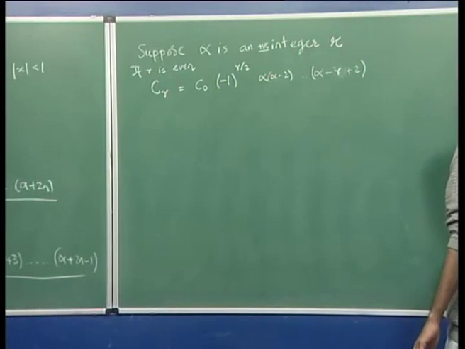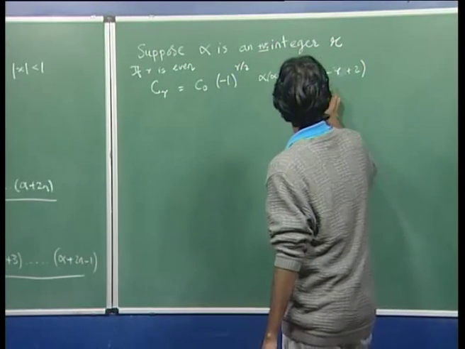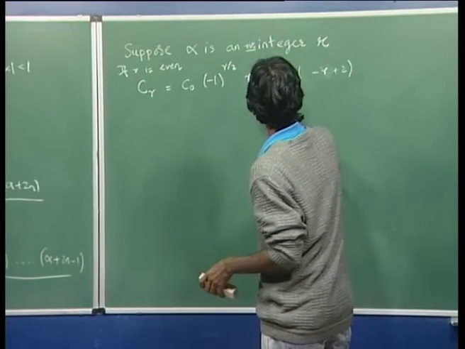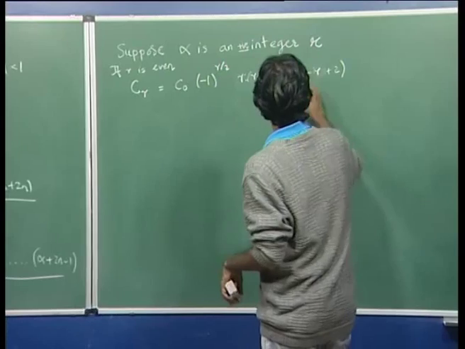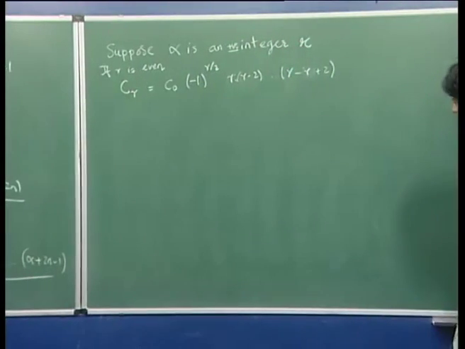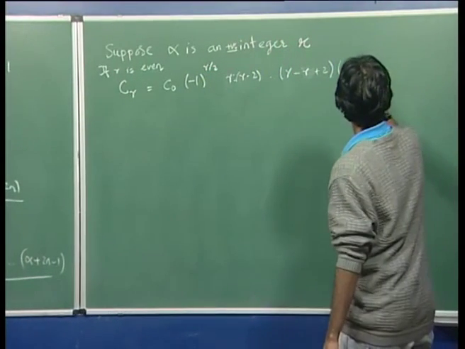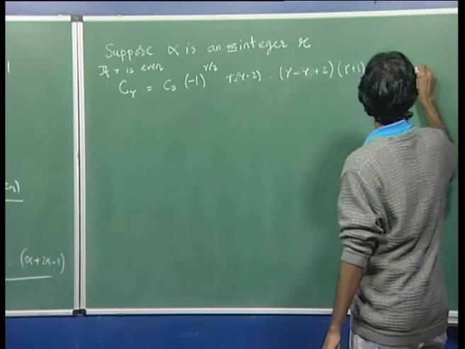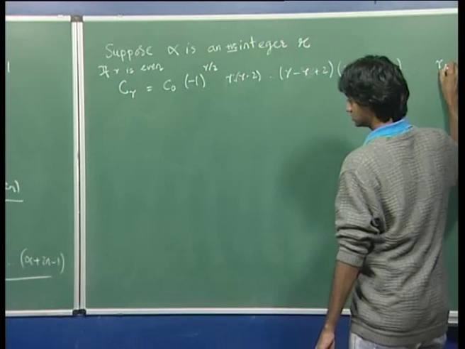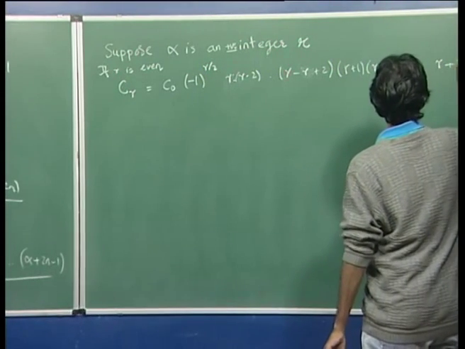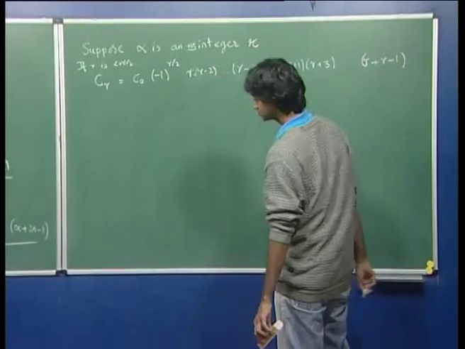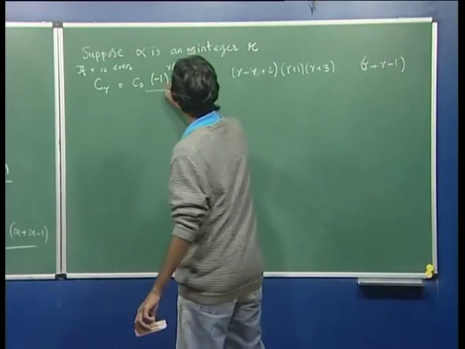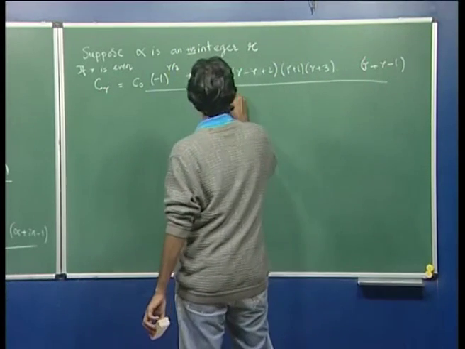So, now if alpha equal to r, then I replace all the alphas by r, and what I get is r minus 2 all the way to r minus r plus 2. And then you have r plus 1, r plus 3, r plus 2n is same as r minus 1.